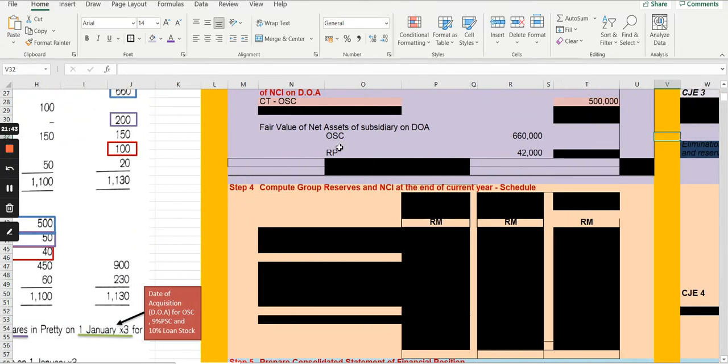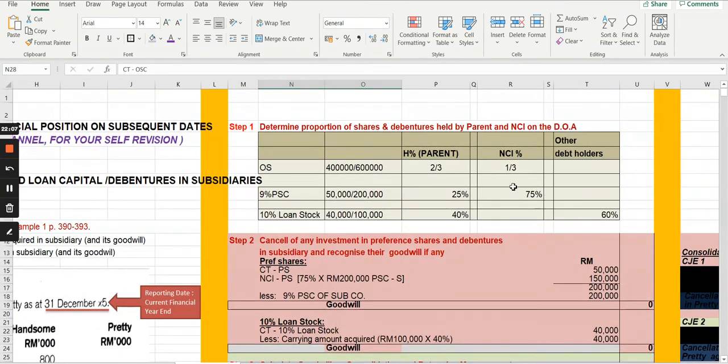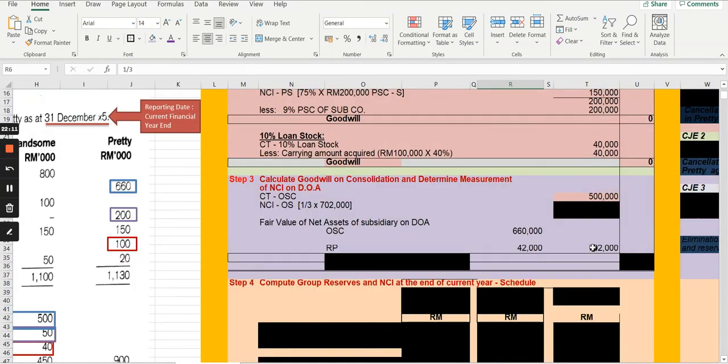Next, total up the fair value of net assets. If you total up, you will have 702. Now calculate your non-controlling interest on the date of acquisition, which is the 1/3 held by the NCI multiplied by the fair value of net assets on the date of acquisition.